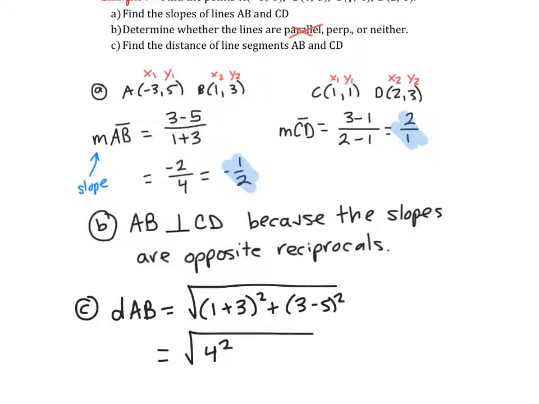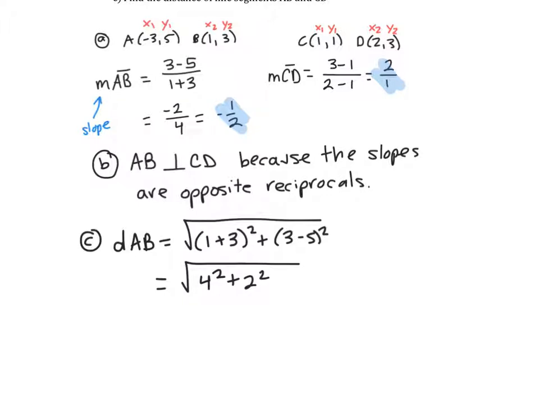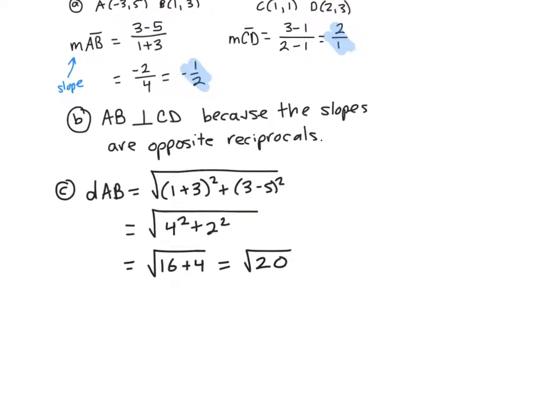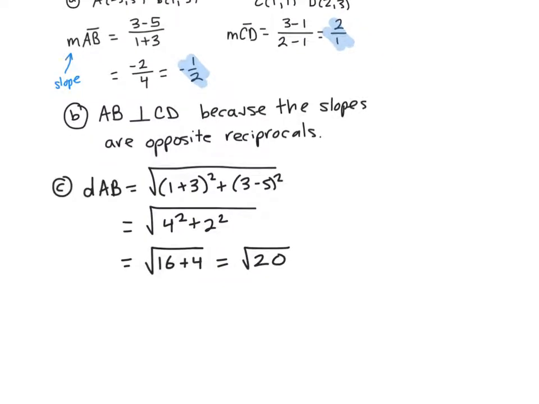So 4 squared plus 2 squared. 4 squared is 16. 2 squared is 4, so that gives us the square root of 20, which of course we are going to need to simplify. So I'm going to factor out our numbers, and you'll see that the distance from point A to point B is just 2 root 5.